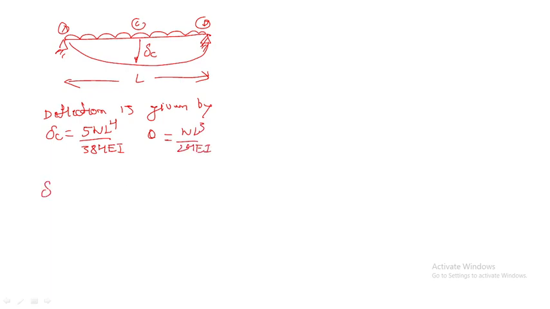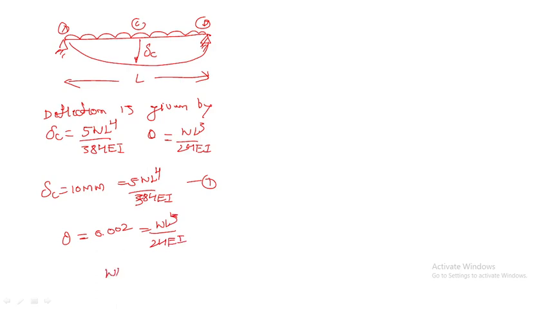Now the deflection at C is 10 mm, that is 5 WL raised to 4 divided by 384 EI. Now theta equals 0.002, which is WL cube by 24 EI.